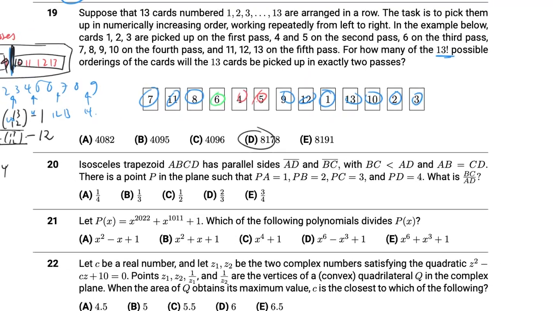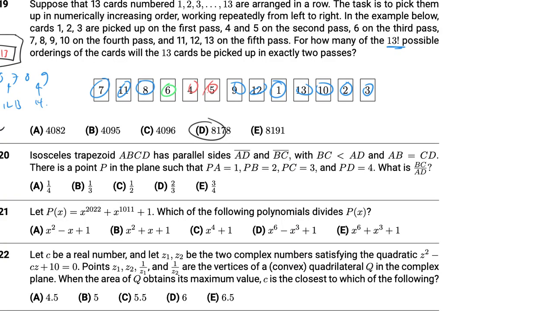All right, next one, we have an isosceles trapezoid ABCD. Let me just try drawing one. I'll draw it like this. All right.